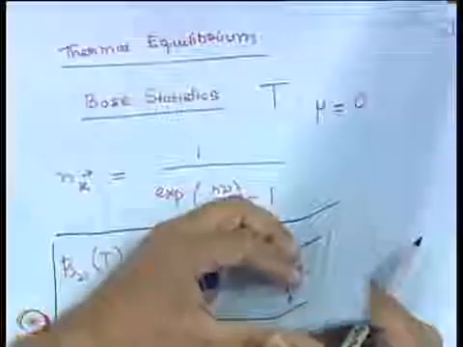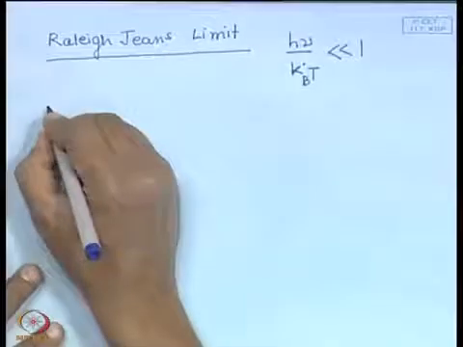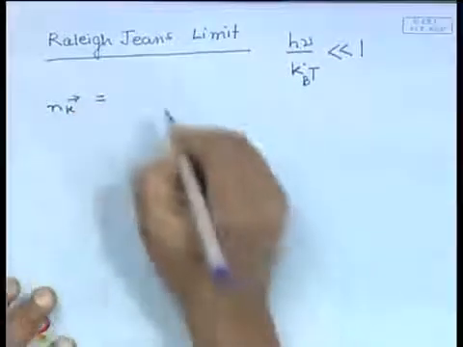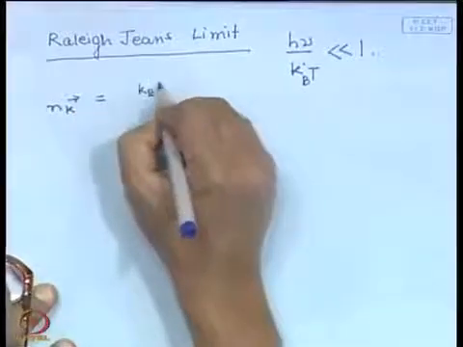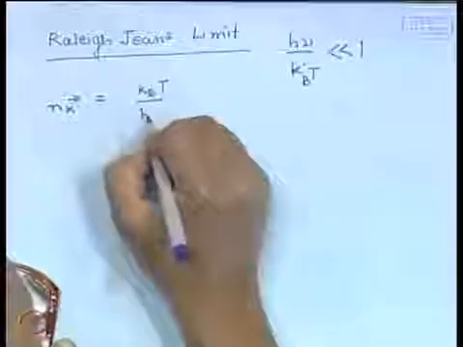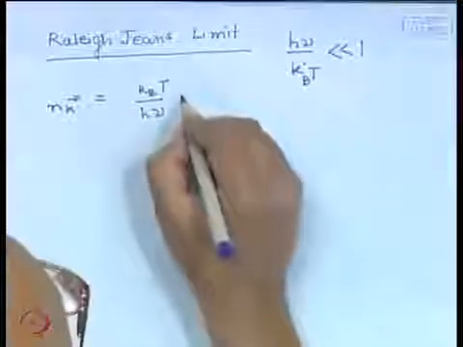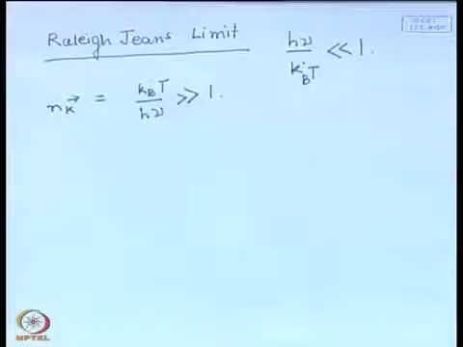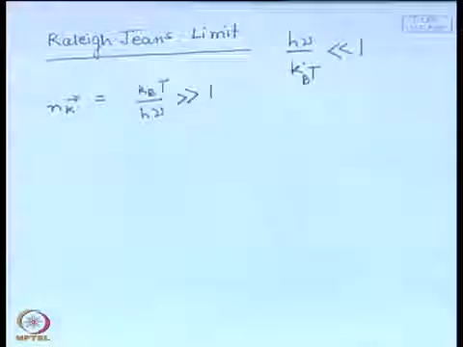The occupation number in this limit, n k, is kb T by h nu, which is much greater than 1, because that is the inverse of this. So, each mode is occupied by a large number of photons; it is very densely populated. That is the limit that we are looking at.